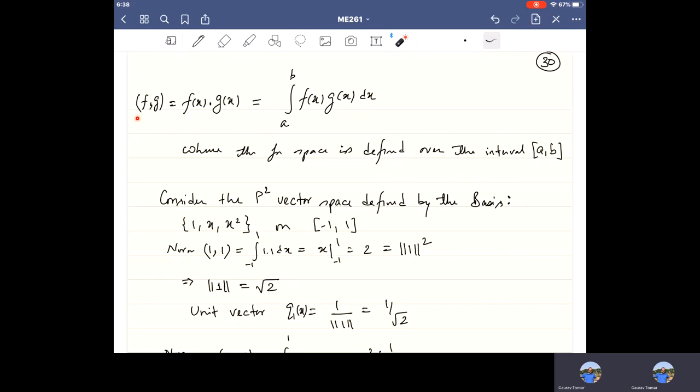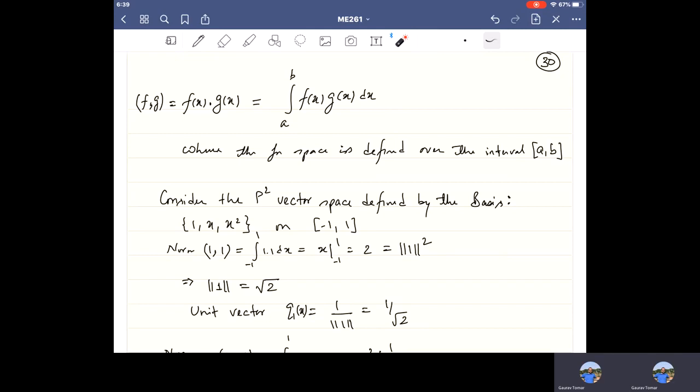Moving forward, let's take two functions from that vector space, and we can denote them by f comma g with brackets, or f dot g in this fashion, and that is defined by doing an integration of f and g with limits a to b. This is just a definition that we're using. Okay, so this is for functions.